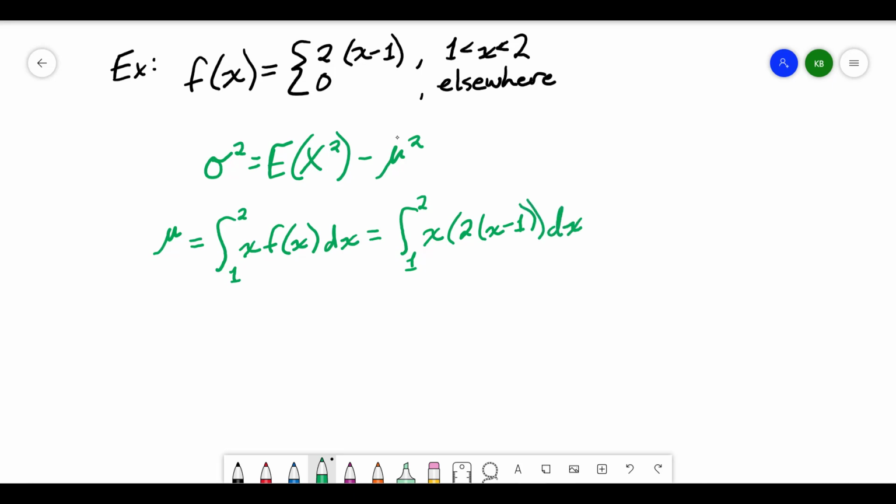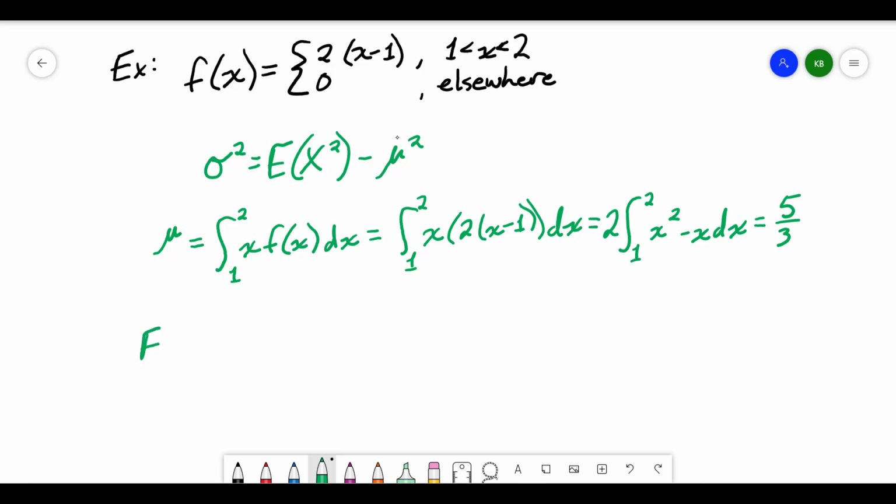And I can bring that constant of 2 out and distribute the x. So this is really going to be 2 times the integral from 1 to 2 of x squared minus x dx. Now, when I integrate and do my substitutions and distribute my 2, I'm going to find this is actually equal to 5/3.